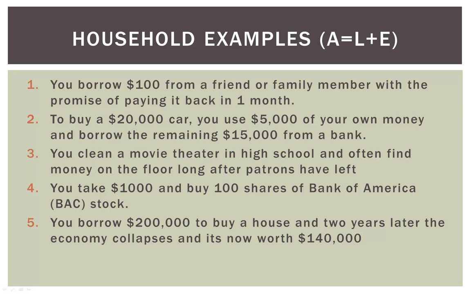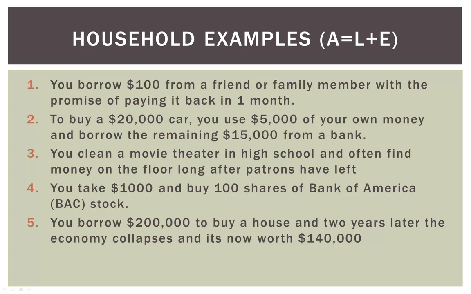So we now have $100 of cash, and cash is a type of asset. However, we have to pay that back at some point. We promise to. So we also have a $100 liability. So you can see just the simple act of borrowing $100 from someone in your family or a friend plays right into the fundamental accounting equation. $100 in assets on the left and a $100 liability on the right.